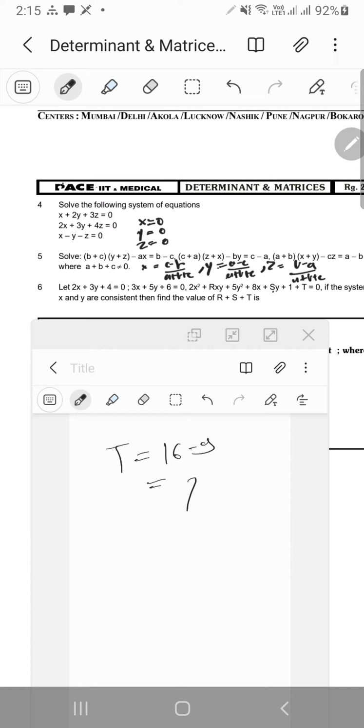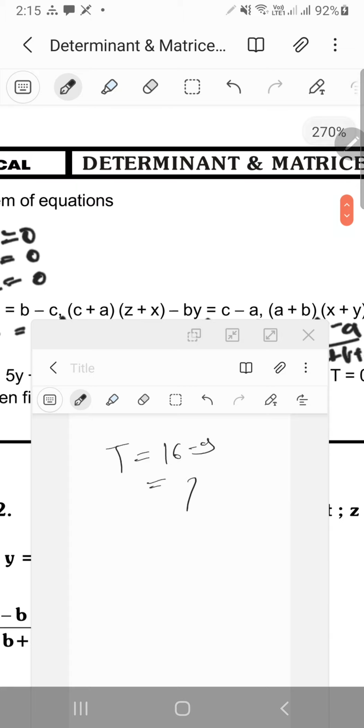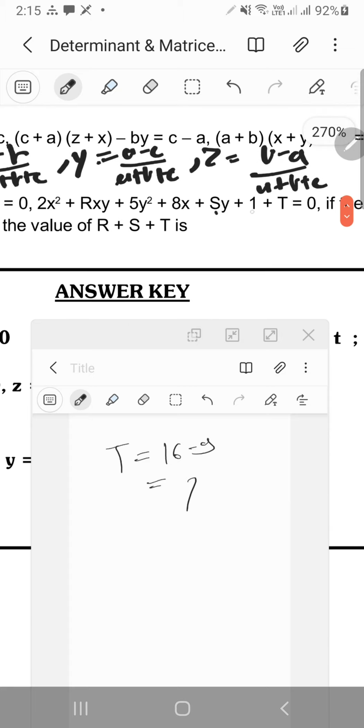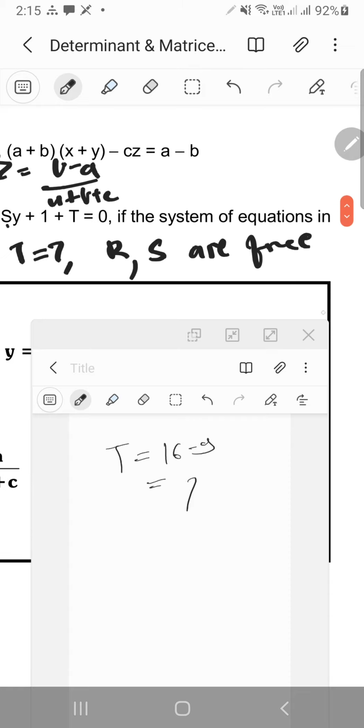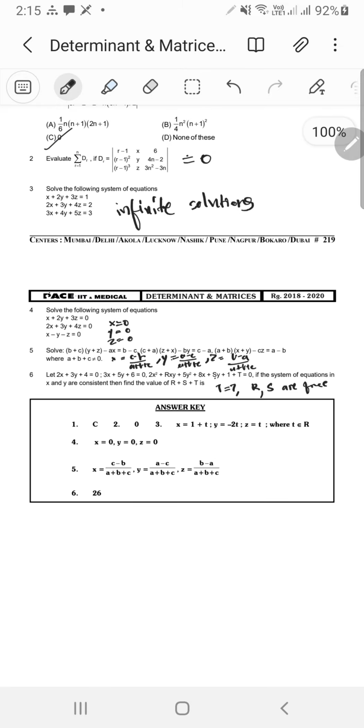No, this is not nice. R plus s plus t, we don't know. We know that t is 7. T equal to 7, r, s are free. Okay, that is the question that you have.